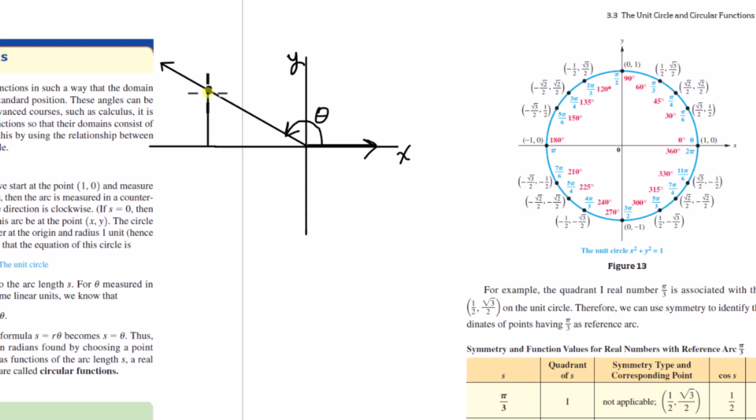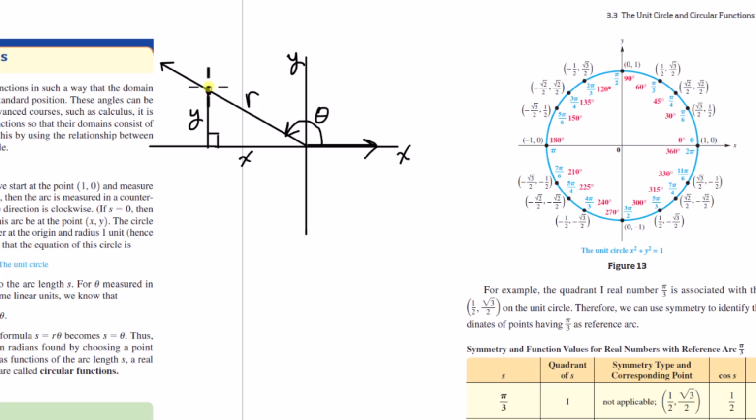And this is the same exact process for an angle in any quadrant. The distance from the point to the origin, we call that R. And then the side lengths of the triangle, you just label as X and Y, the coordinates of the point.